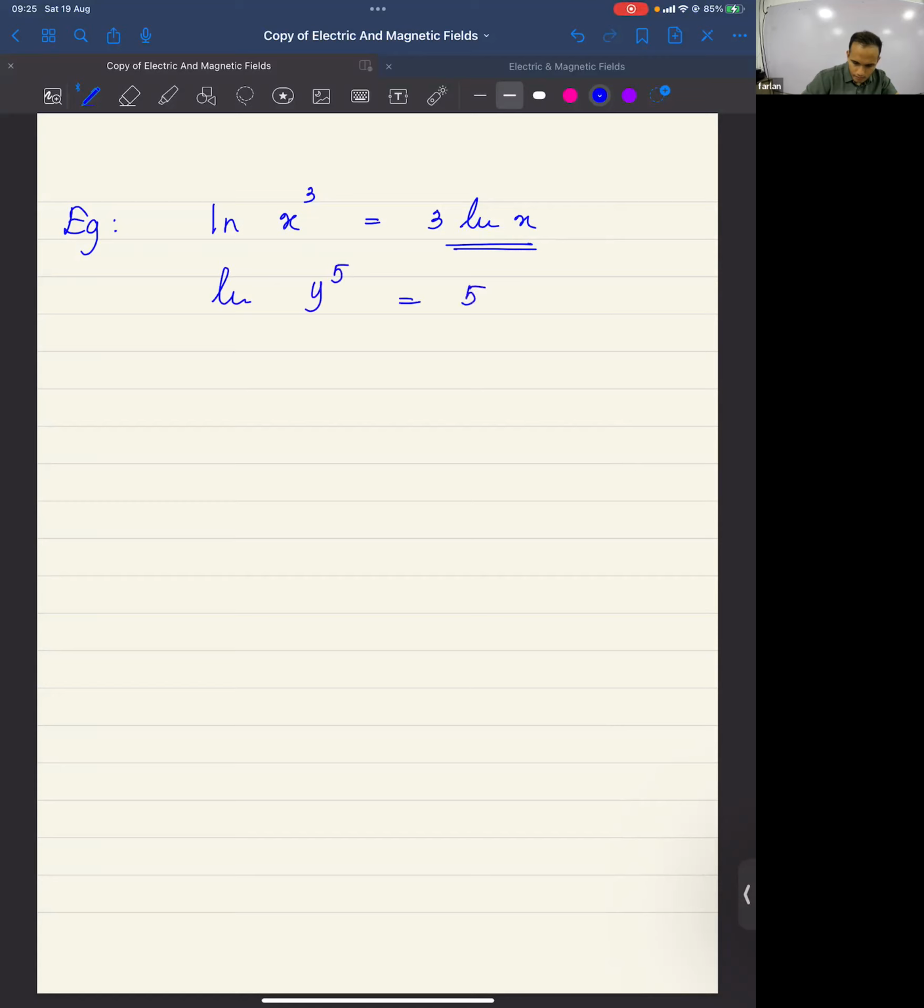You can write it as 5 ln y. Let's say you have ln 3x. You can write it as ln 3 plus ln x. Product rule.